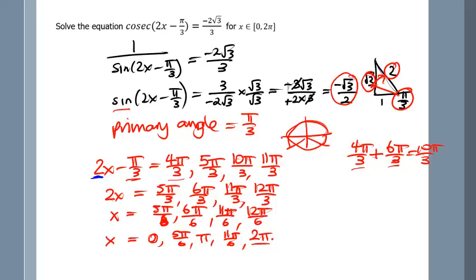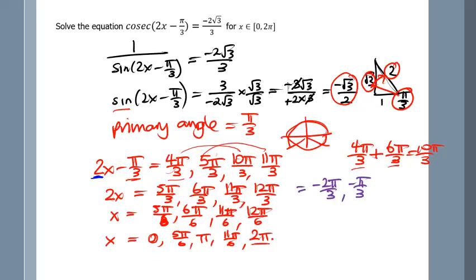Just to look back, if we had up here, I went around the circle twice forwards, so I went from there to there and there to there. If I subtract 2 pi, I'll also get another set of solutions. So if I subtract 2 pi off 4 pi on 3, I'm just going to show you over here in purple. Okay, so 4 pi on 3 take away 2 pi is going to be negative 2 pi on 3. 5 pi on 3 take away 2 pi is going to be negative pi on 3.